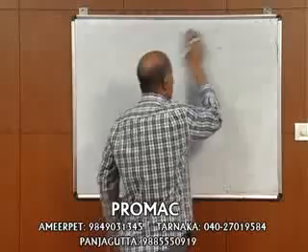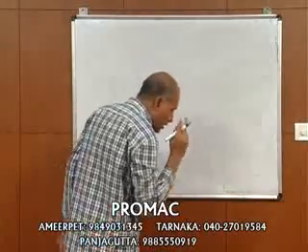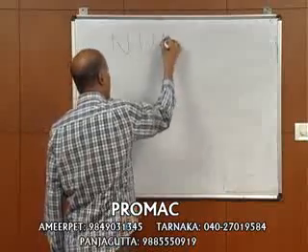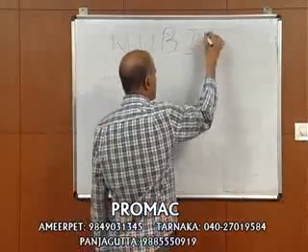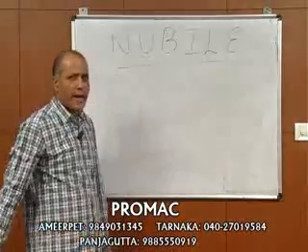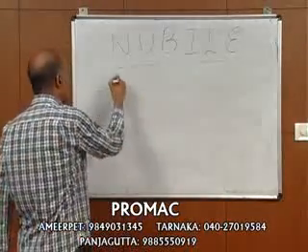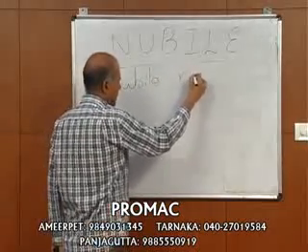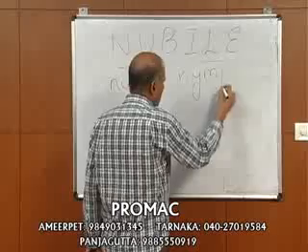Another word that we will take up is a word called nubile. Nubile is basically used to describe a young girl who is of marriageable age. So you generally call someone a nubile nymphette. What is a nymphette? What is a nymph?